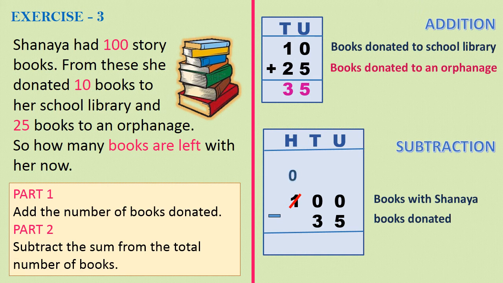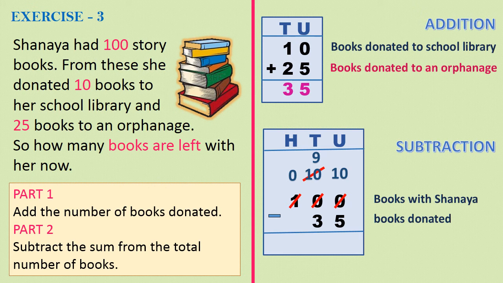Now, from these 10 tens, we will borrow 1 tens, that is 10 units to units house. So, 9 tens will remain in tens house. Children, 9 tens is 90 plus 10 units is equal to 100.